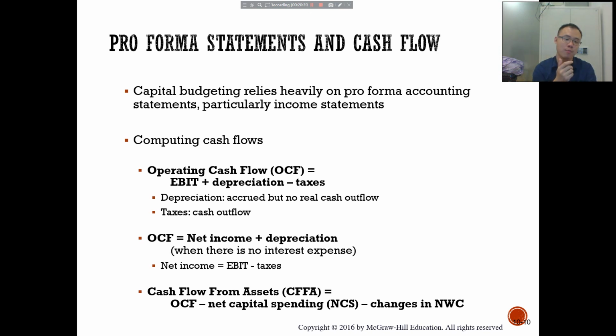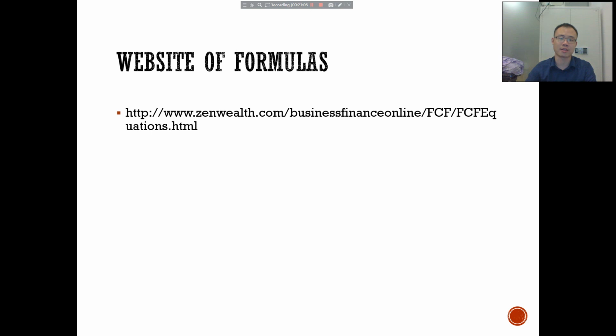The final cash flow that we want to calculate is the cash flow from assets, CFFA. The cash flow from assets is operating cash flow minus net capital spending minus changes in NWC, or plus the cash flows from the changes in NWC.